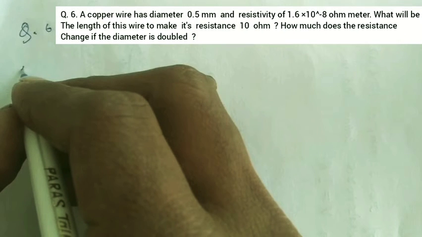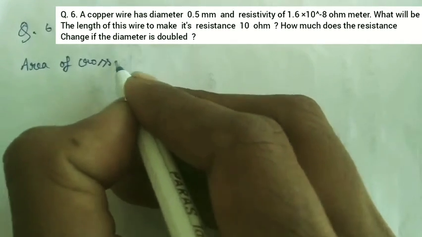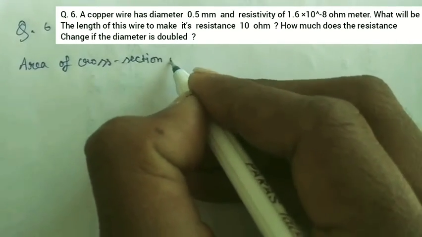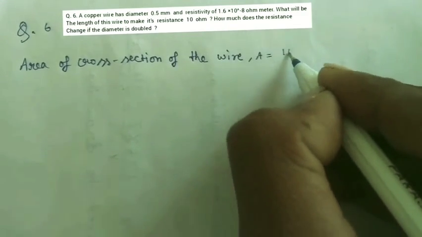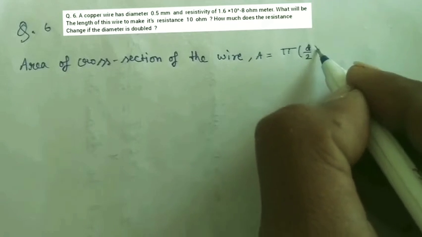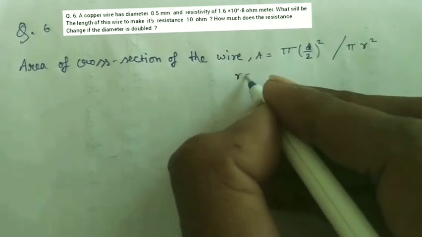Question number 6. A copper wire has diameter 0.5 mm and resistivity of 1.6 into 10 to the power minus 8 ohm meter. What will be the length of this wire to make its resistance 10 ohm? How much does the resistance change if the diameter is doubled? Area of cross section of the wire A is equal to pi d by 2 whole square, or pi r square, where r is equal to d by 2.